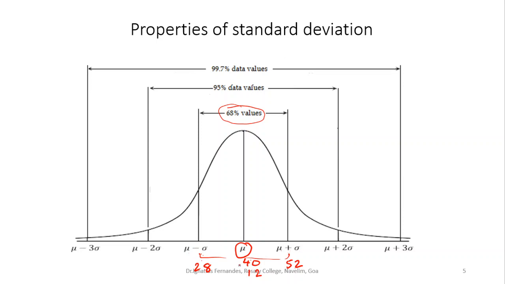The same way, if I go further, if I consider mean minus 2 sigma, so if I subtract sigma again from this, 28 minus 12 is going to be 16, and if I add sigma here, 52 plus 12, this is going to be equal to 64. So I've considered mean minus twice sigma. From the mean I'm subtracting sigma twice.